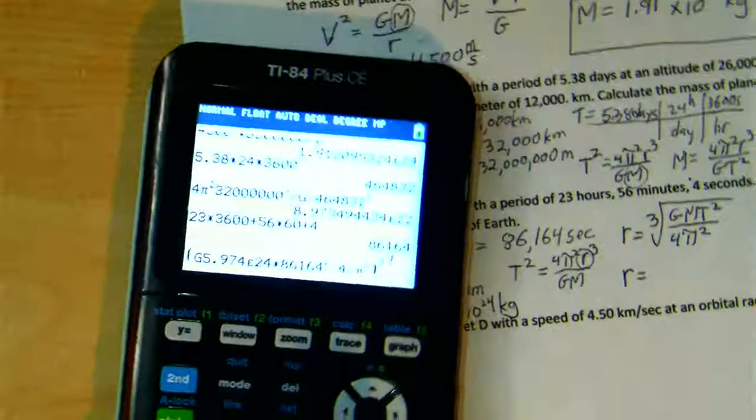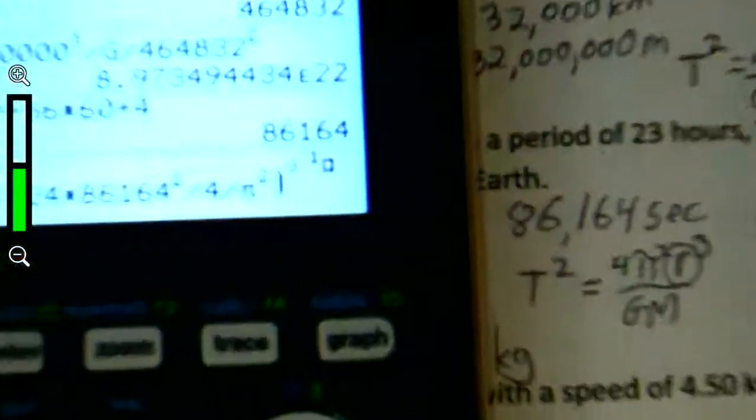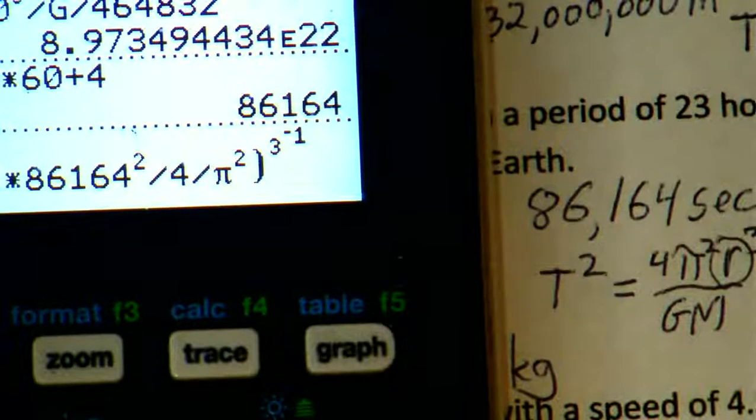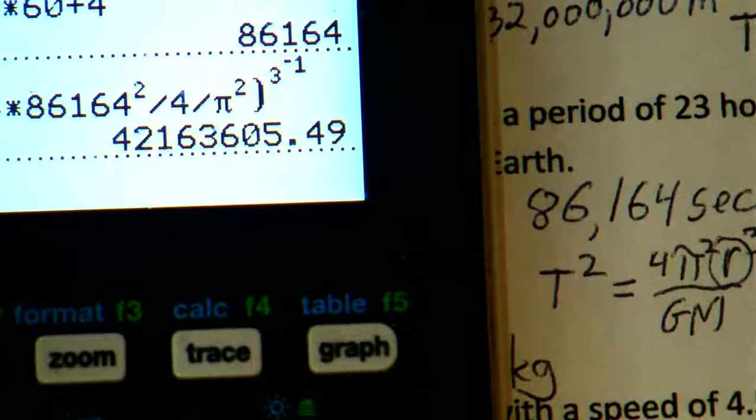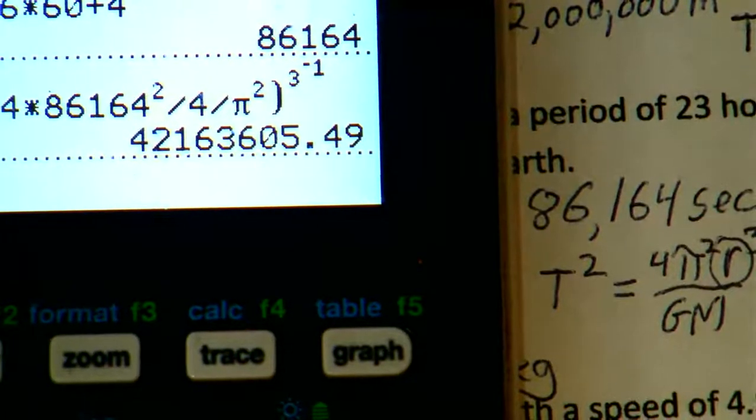Okay, so that's how I would put in the cube root of something. Enter. And there's my radius in meters.